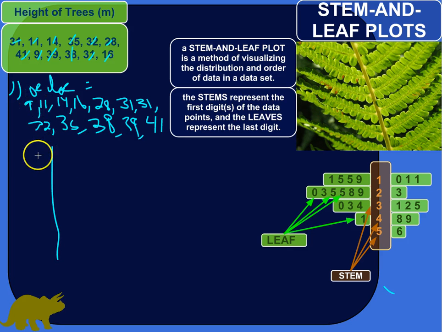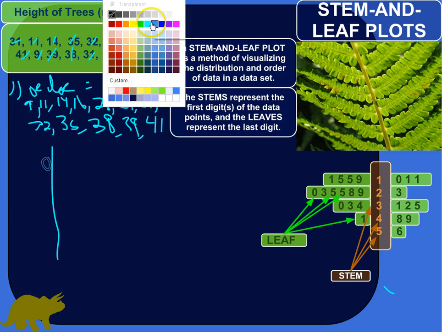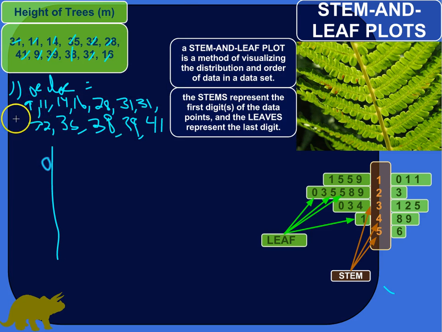Our stems will be 0, since we've got one value that's below 10, and then 1 for the values that have 1 in the tens place. And we got 2. We got some 30s, and then we've got 40.